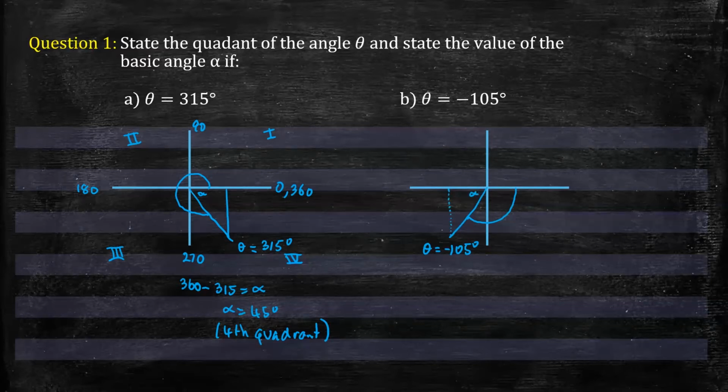And in this case, our alpha angle is going to be 75 degrees. And our quadrants, we should label 1, 2, 3, and 4. So in this case, obviously, we're in the 3rd quadrant. And the alpha angle is 75 degrees.